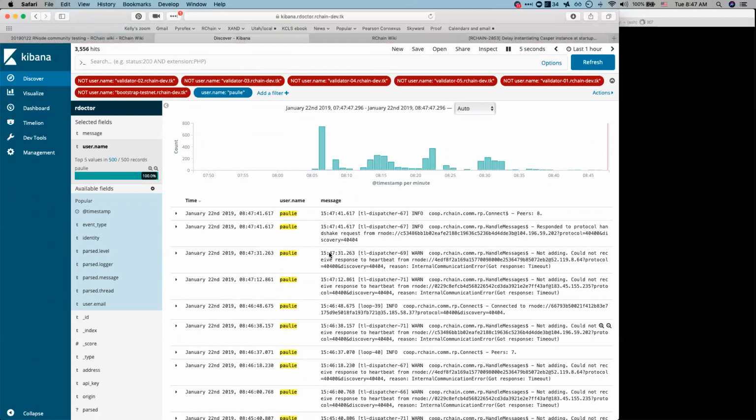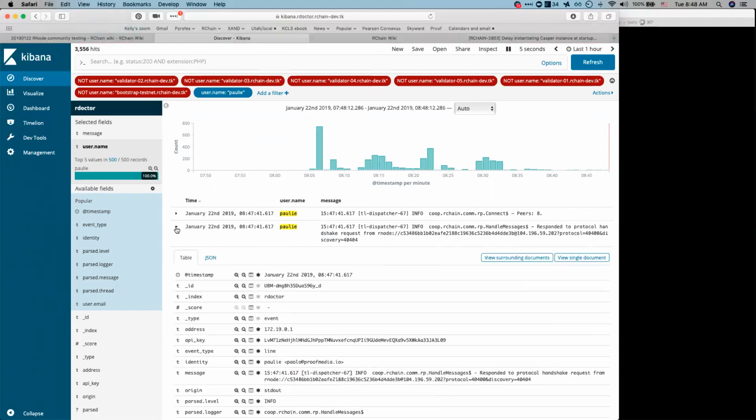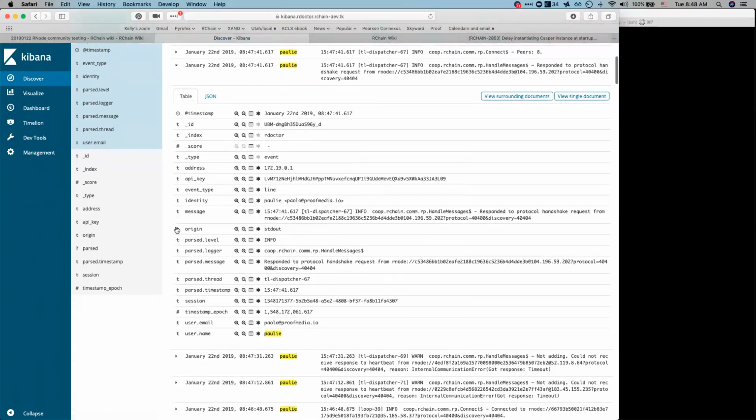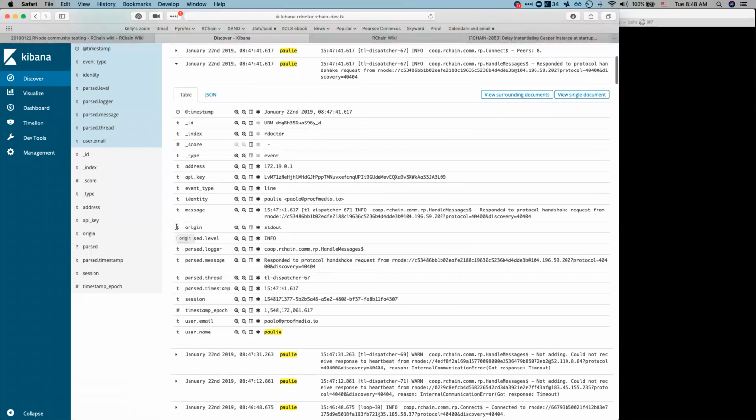Tomasz, do you know, if I wanted to surface this particular Paolo's log at this particular point in time, what is the information that I should put in the ticket? Expand one of those lines, please. No, on the left side, this arrow. And scroll down a little, and there is a session.